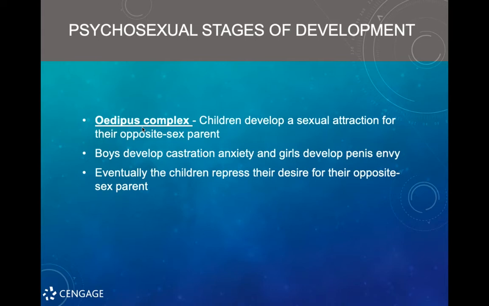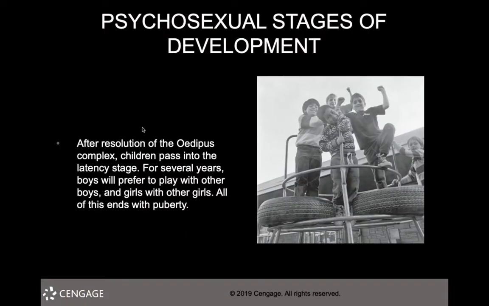And if it's resolved, if it has a healthy resolution, then the child comes to identify with the father, love the mother in healthy ways, versus hating the father and wanting the mother in unhealthy ways. So this is what the classical psychoanalytic school proposes.